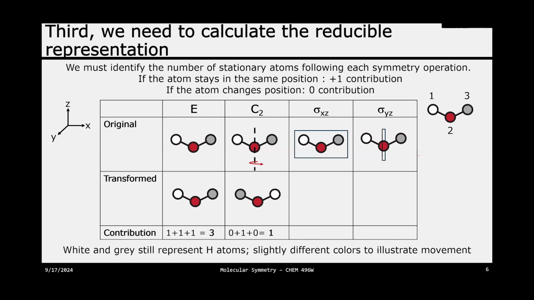What about if we reflect on our XZ plane? How many things are staying the same? It's all the same, right? So 3, because we're just reflecting right through it. Technically the atoms haven't moved, so it's +3.